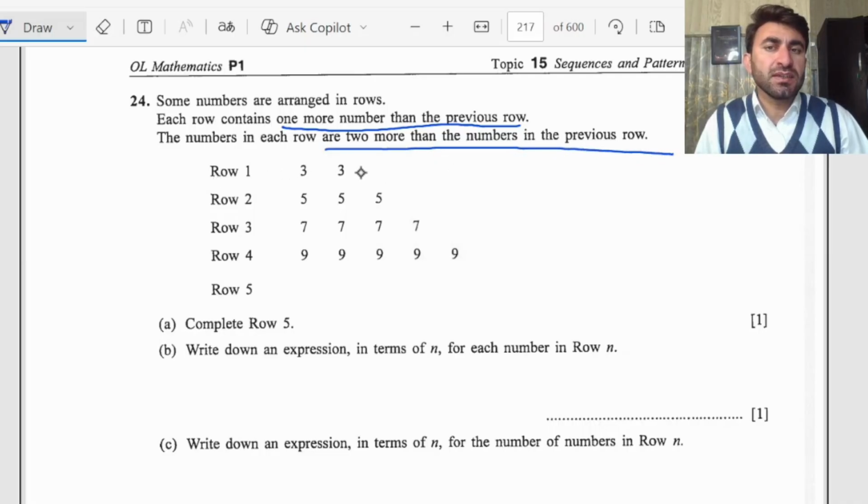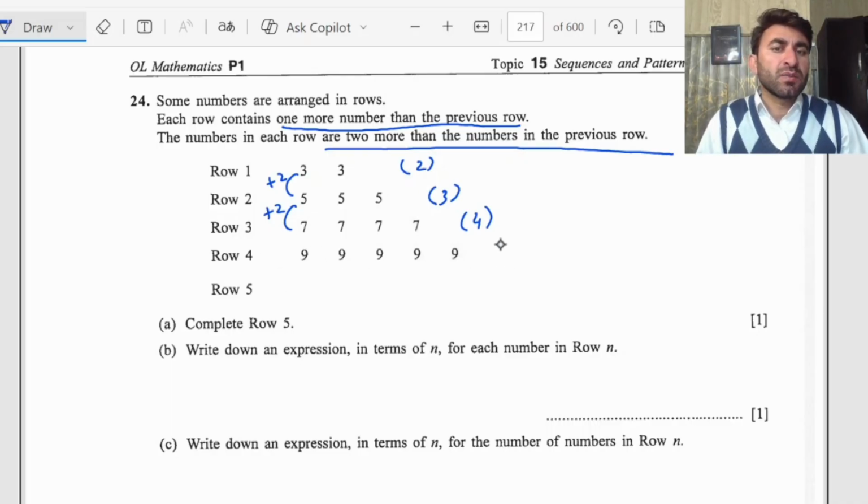As we see, in row 1 there are two numbers and both are 3. In row 2 there are three numbers and all are 5, two more than the previous number. In row 3 there are a total of 4 numbers, again two more than the previous number. In row 4 the number is 9, repeated 5 times.